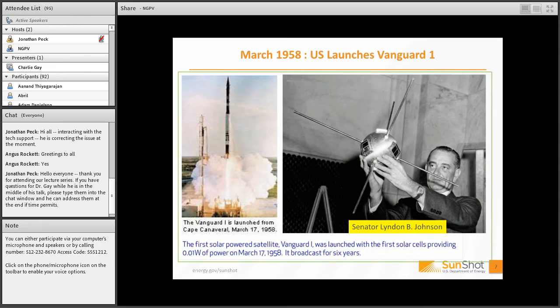And 12 years after that, 1969, is when man walked on the moon. So the speed of change that is inherent in the space program is one kind of reference that might be helpful for setting context here about how fast solar is changing. The next slide.